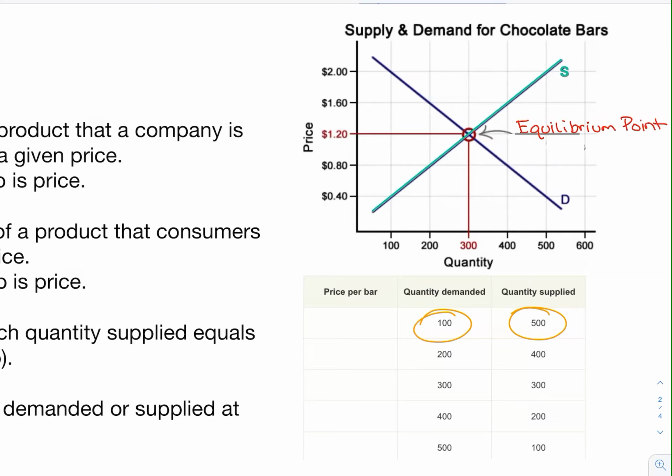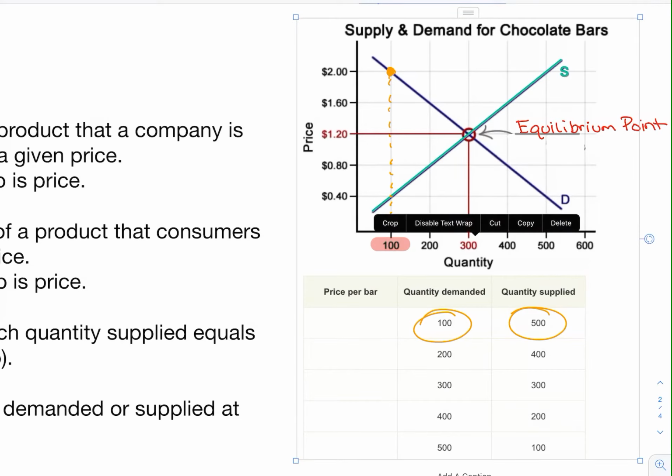So let's go and look at our graph. And I guess I'm just going to stick with orange. So here's 100. Let's highlight this. Here's 100. And we are going to go up to our quantity demand function right here at 100.